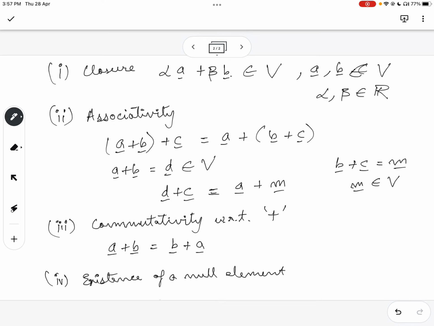That is, there exists a vector 0 which belongs to V, such that A plus 0 gives us the same vector.